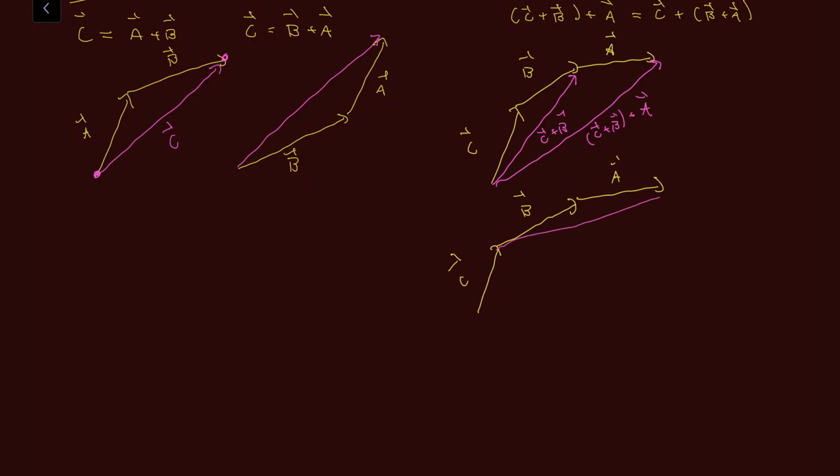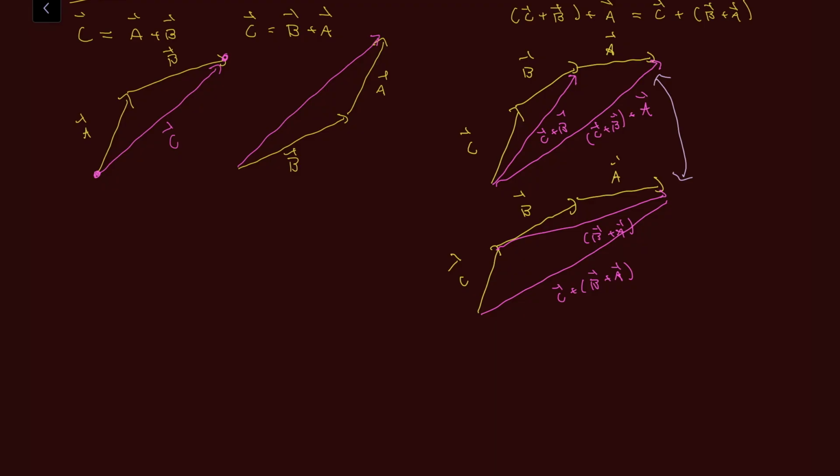Remember, the right-hand side starts with B plus A, and then it's C plus (B plus A). Now, of course, these two arrows aren't exactly the same, but that is simply because of my lack of drawing skills.